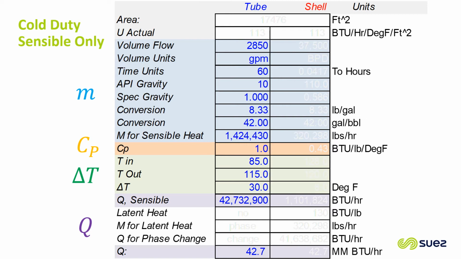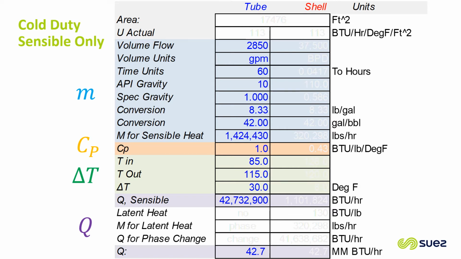That conversion takes us to 2850 GPM means 1,424,000 and change pounds per hour. And remember, for any kind of duty calculation, we're always talking about pounds per hour.